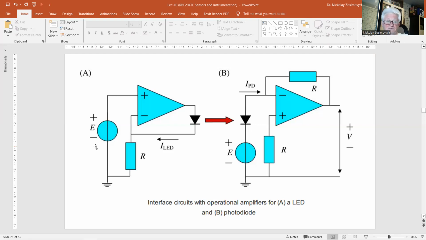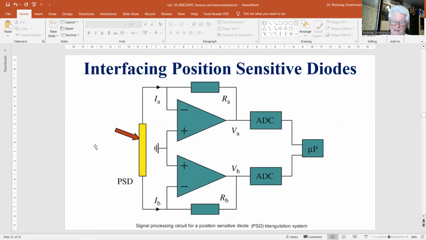And the modulation frequency, the carrier, should be chosen such that the interference signal can easily be separated from the signal by filtering. A proper signal processing makes the output of the PSD independent of the intensity of the light beam.